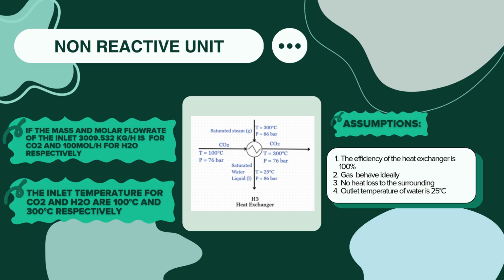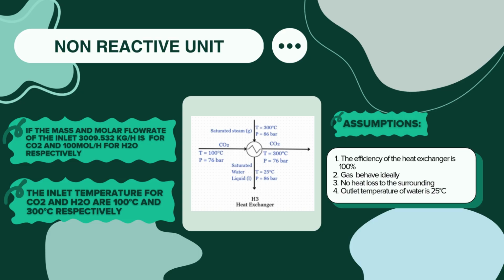The picture shows the diagram for the heat exchanger. Our assumptions here: first, the efficiency of the heat exchanger is 100%. Second, the gas behaves ideally. Third, no heat loss to the surroundings. And fourth, the outlet temperature of the saturated steam is 35 degrees Celsius.